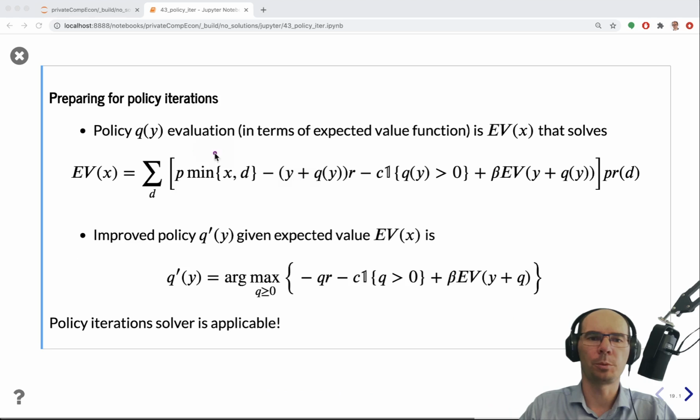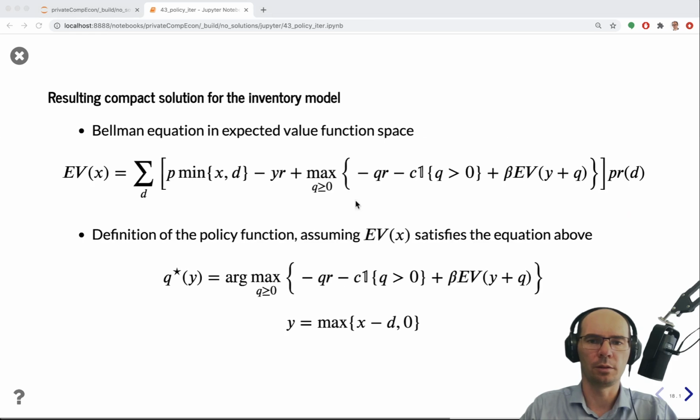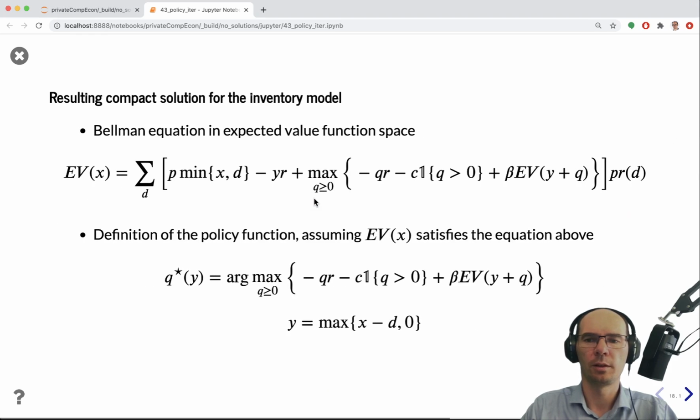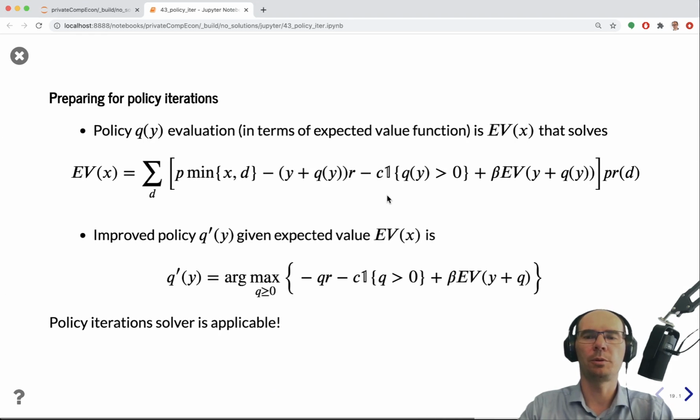This is written for a particular policy function Q of Y, where I just plug it in instead of trying to find the maximum Q over here. So this is the simplified Bellman equation where we are sticking to the policy Q of Y for the rest of the time periods.